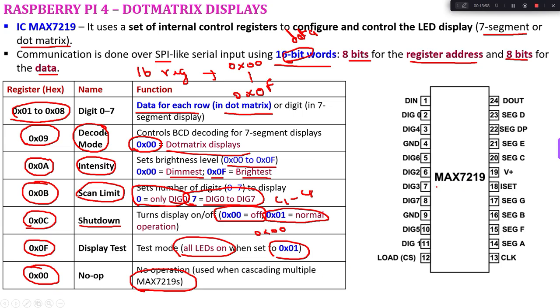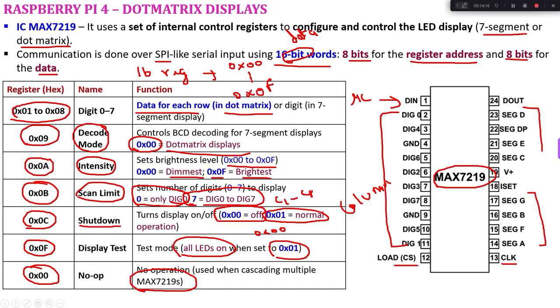Here I show a typical MAX 7219 IC, where the data in comes from your microcontroller via the SPI signal, and the left side represents the column information. Then I have a chip select signal, a clock signal, and the row information. We also have ISET, which is an intensity set, a hardware-based intensity setting.